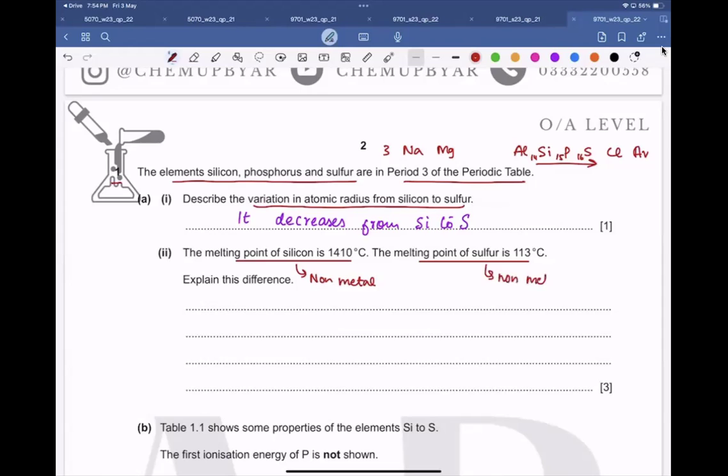But the difference is that silicon's melting point is high, although it's a non-metal, and sulfur's melting point is low. So we have to explain this.